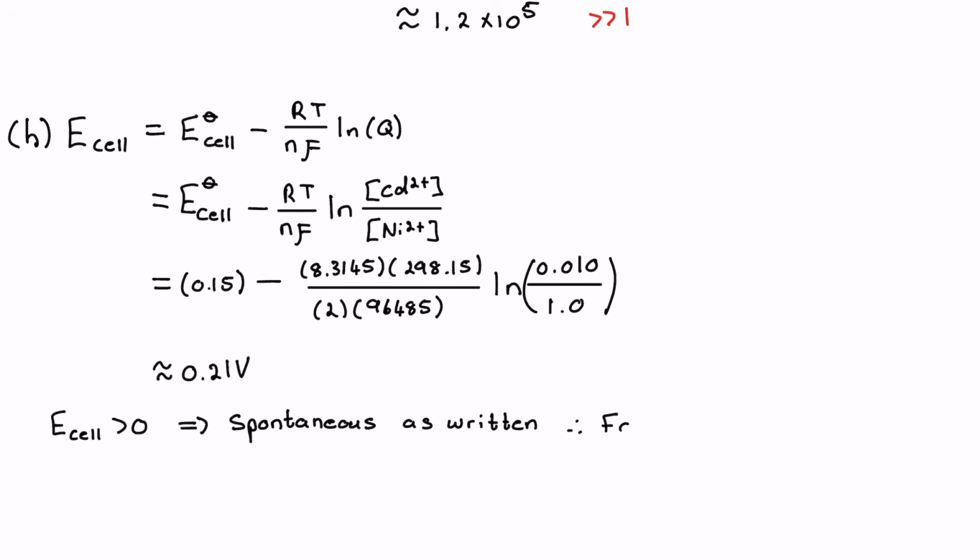Therefore, the forward reaction is still favored, because a positive value for E cell means that the forward reaction is spontaneous, going to be spontaneous until equilibrium is reached. In other words, until the battery is flat for these conditions. So that means this is fine.